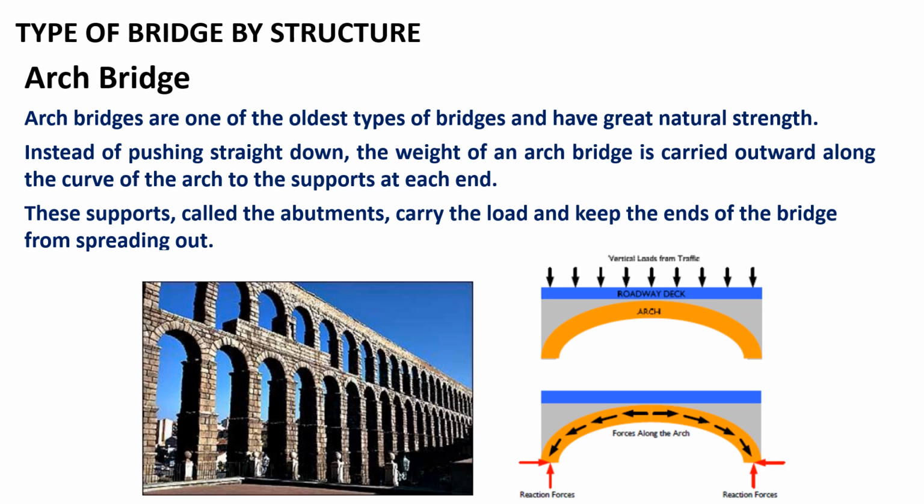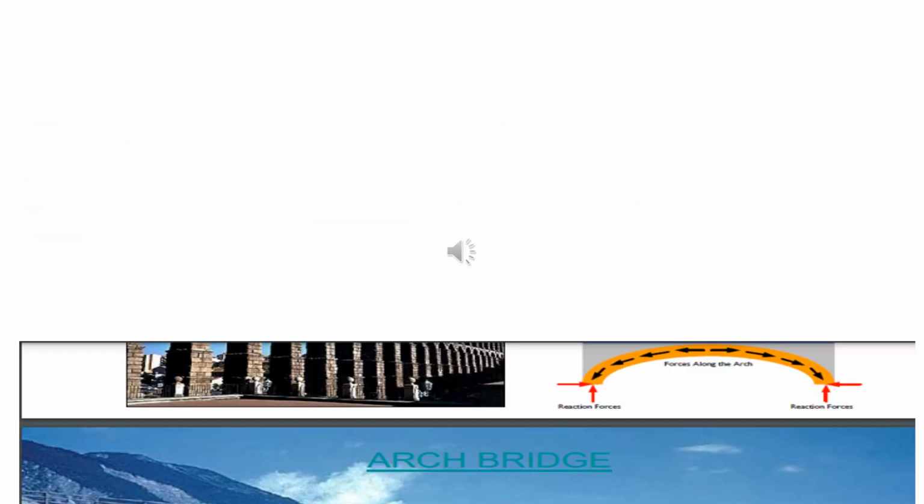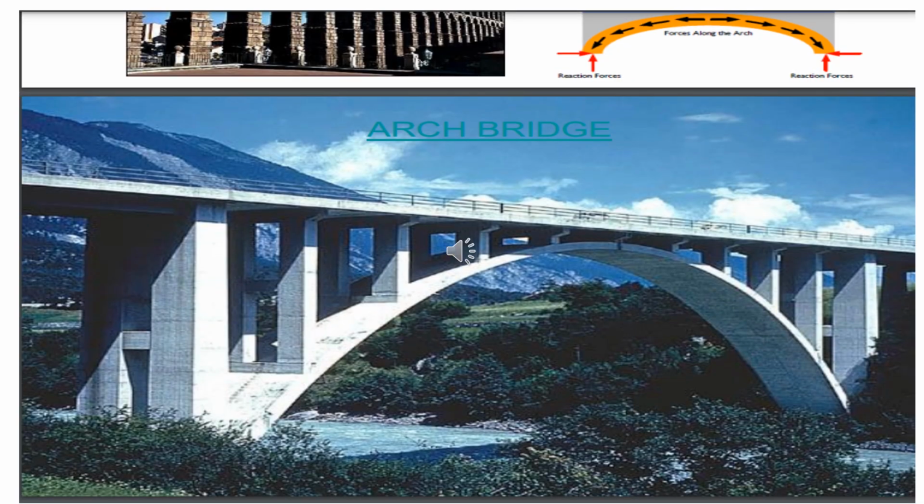As we can see in the figure, we can see the vertical loads from traffic acting at the roadway deck and of course the forces along the arc. As shown in this picture is a very good example of an arc bridge.